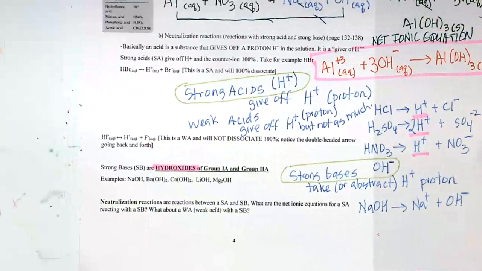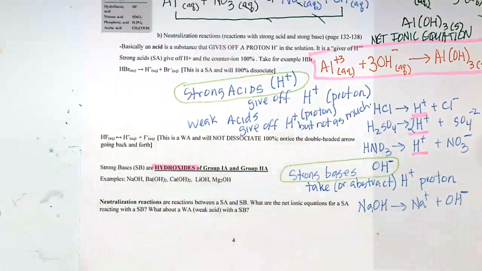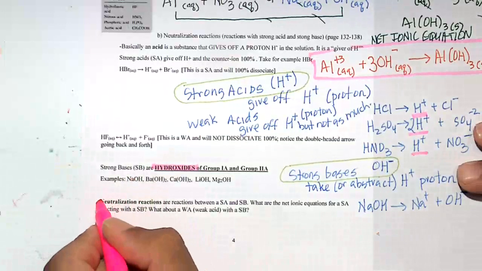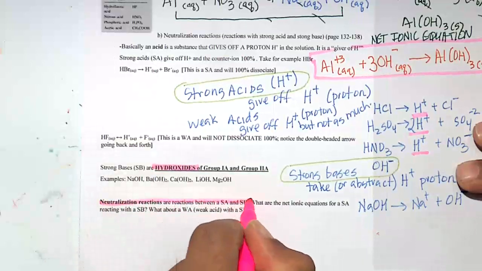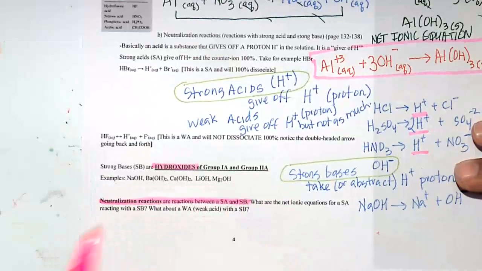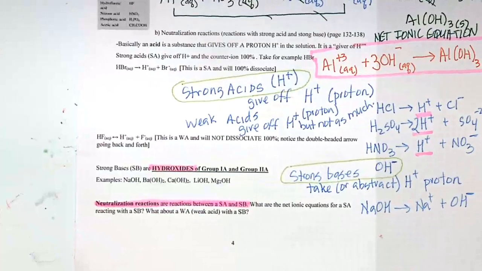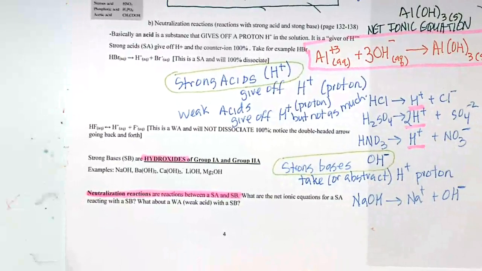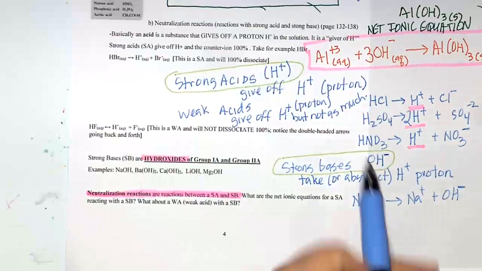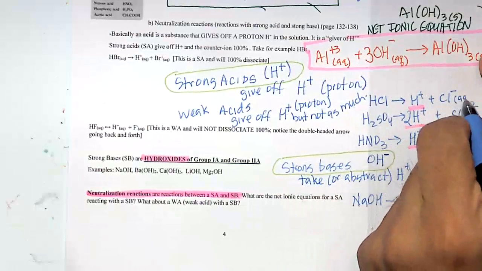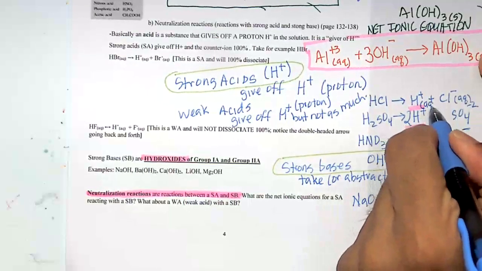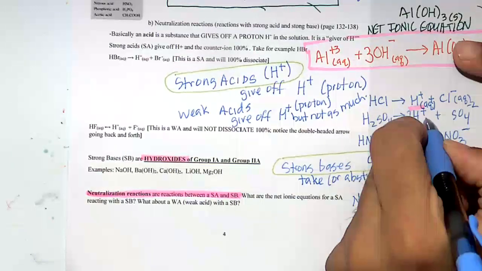So that's why when acid and base react, you get water, right? That's called a neutralization reaction. It's a reaction between a strong acid and a strong base. By the way, all of these are aqueous, just so you know. In water, this is all happening in the solvent of water.